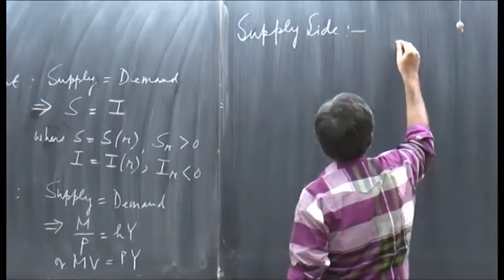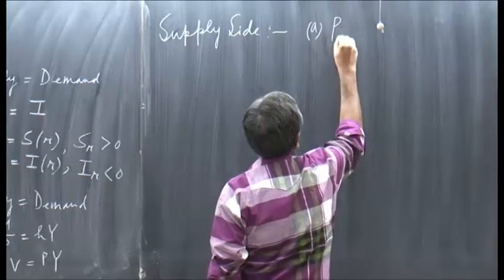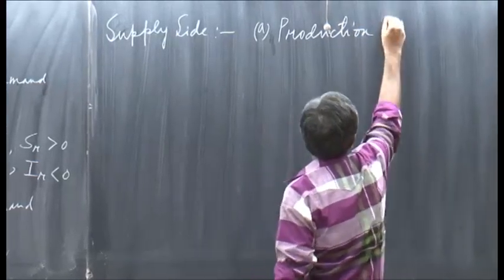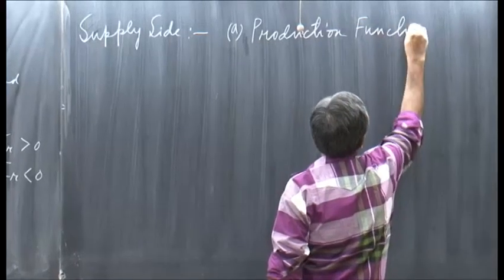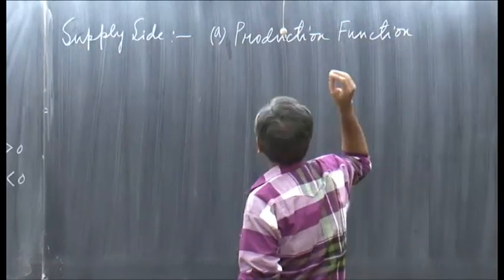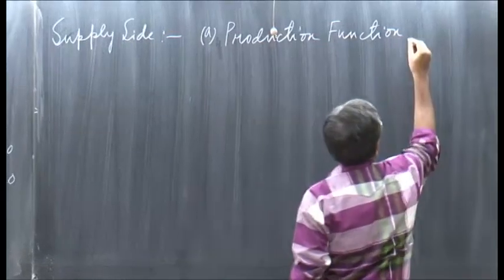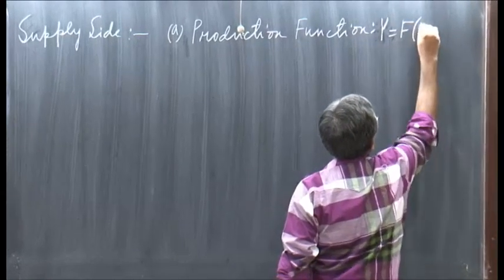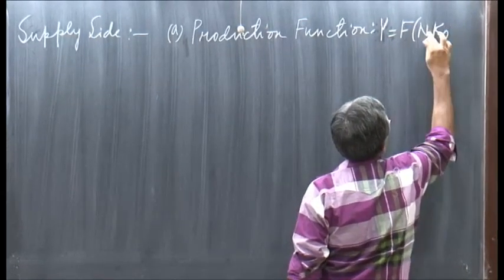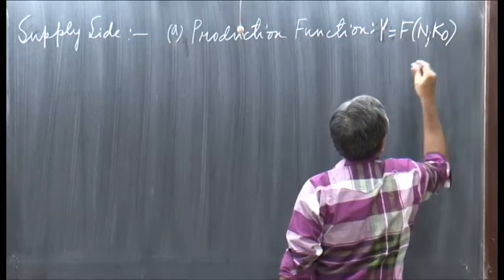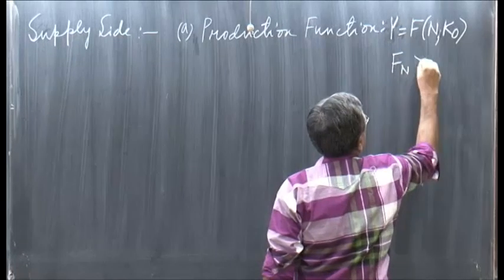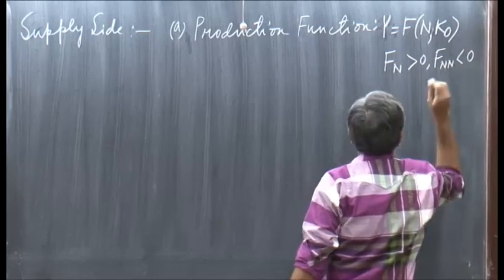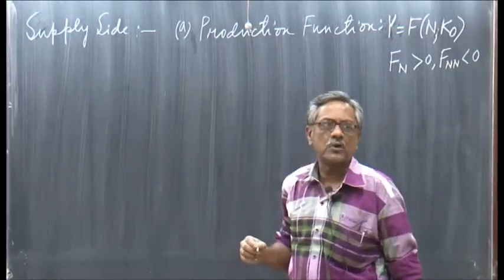One, you have the production function, the macro production function, the aggregate production function, which I told you is something like Y is equal to f(N, K naught), where f_N is greater than 0 and f_NN is less than 0. What f_N means is the marginal product of labor.